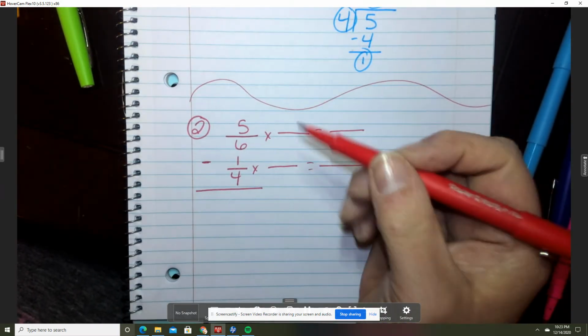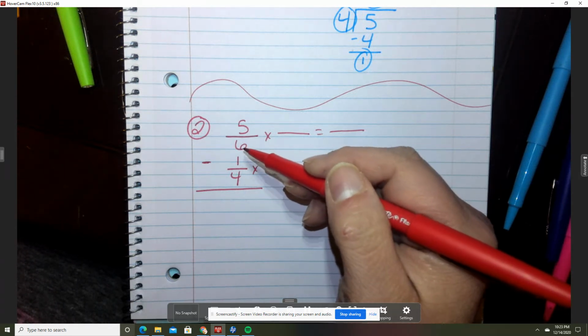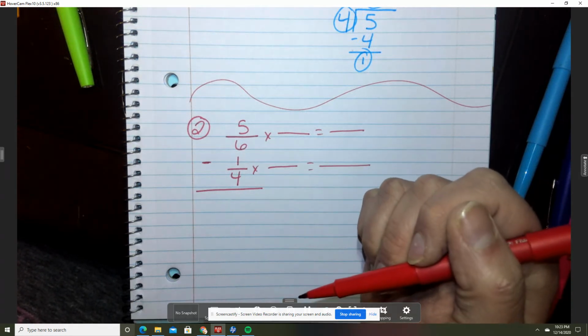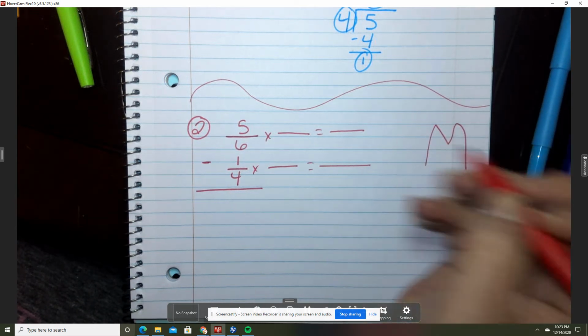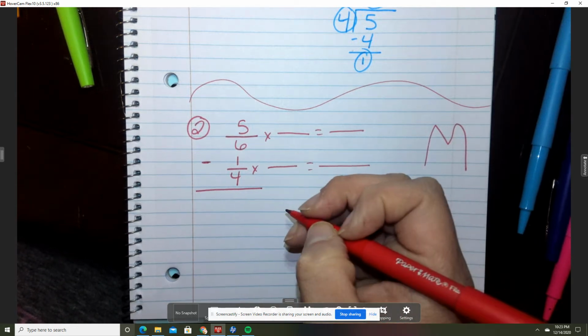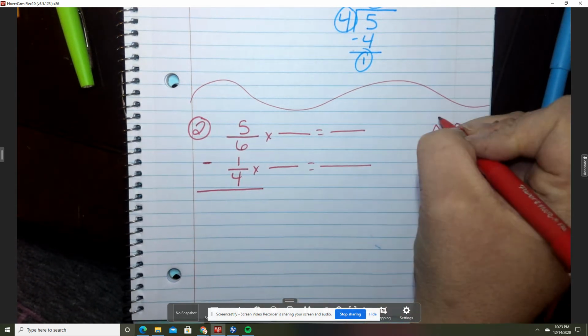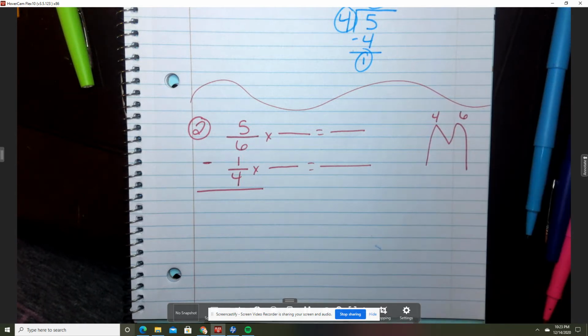All right, step 1. Can 4, the smallest denominator, go into the biggest denominator evenly? No, it can't. So I'm going to come over here and make an M because I need to find the lowest common multiple. What do those two numbers have in common when you're working out their multiples?